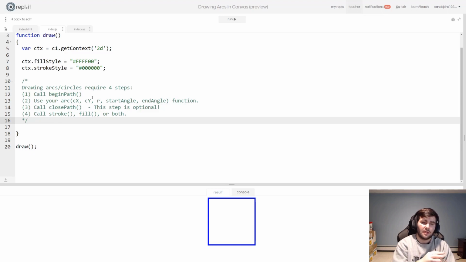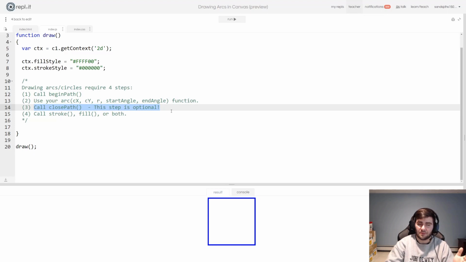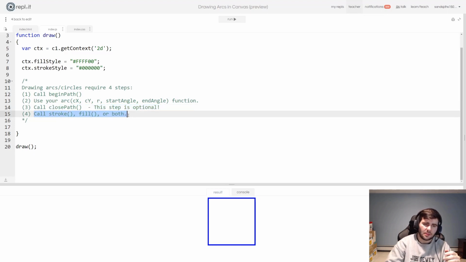Then you're going to use this arc function, which is just arc(cx, cy, r, start angle, end angle): cx is the x coordinate of the center, cy is the y coordinate of the center, r is your radius, and then the starting angle and ending angle of your arc. Then, if you'd like, you can close the path. This step is optional. And finally, you can call stroke, fill, or both.